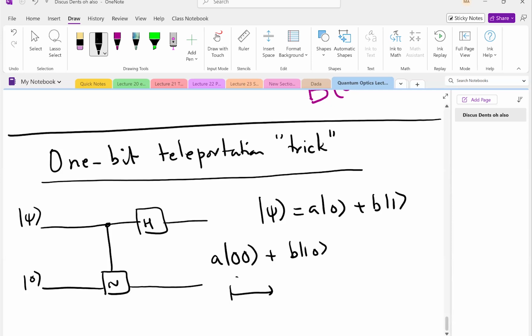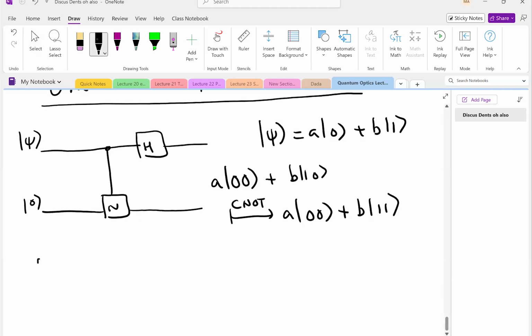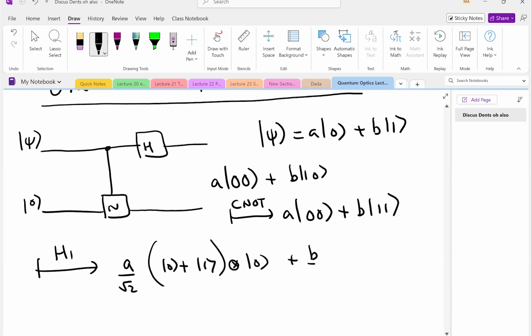The first control not gives me A 00 plus B 11. And then a Hadamard gate on the first qubit yields A over root 2, (ket 0 plus ket 1) ket 0, plus B over root 2, (ket 0 minus ket 1) ket 1.